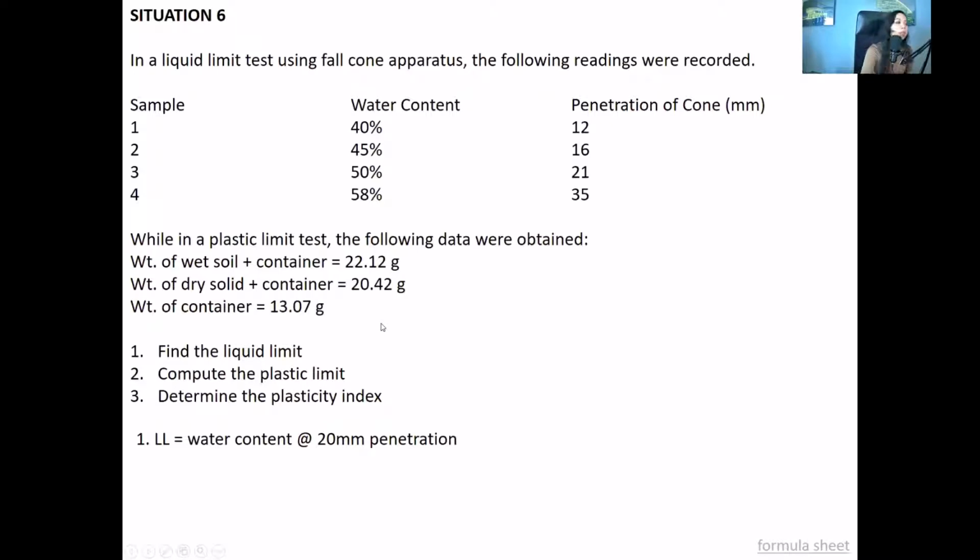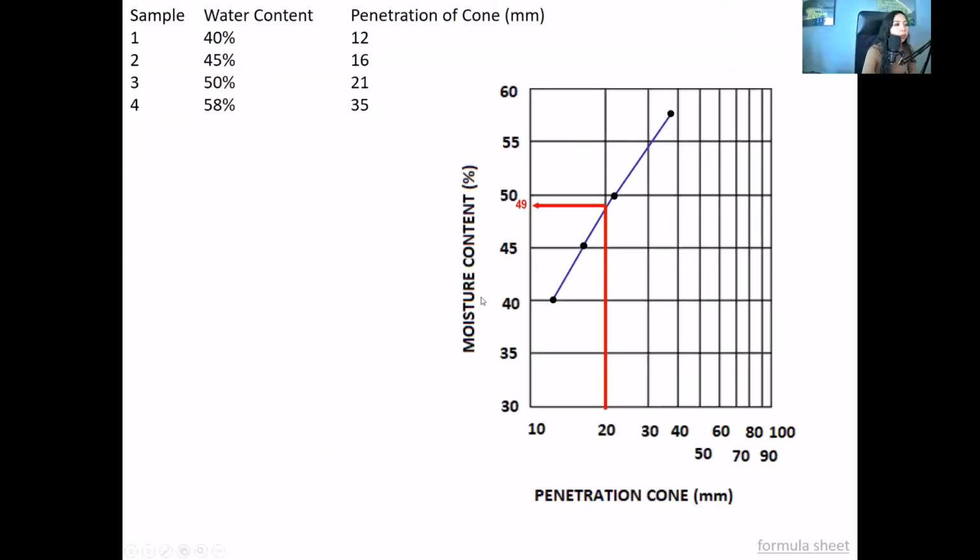So, if I'm going to find the liquid limit in terms of ratio and proportion or interpolation, I will have 20 minus 16 over 21 minus 16. Yung 20 minus 16 ko, yun yung penetration cone ko. So 20 mm minus 16 mm. Tapos, ang denominator ko is 21 mm minus 16 mm. Kasi gusto kong makuha yung relationship nung moisture content.